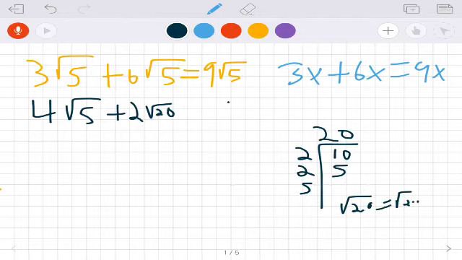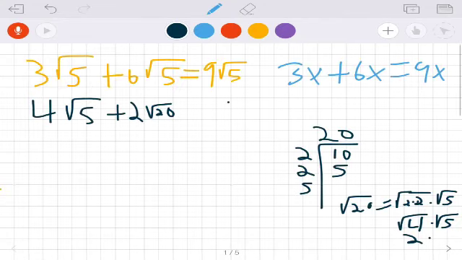And as we know, the square root of 2 times the square root of 2 is the square root of 4, so the square root of 4 times the square root of 5. The square root of 4 is 2. So 2 times the square root of 5.